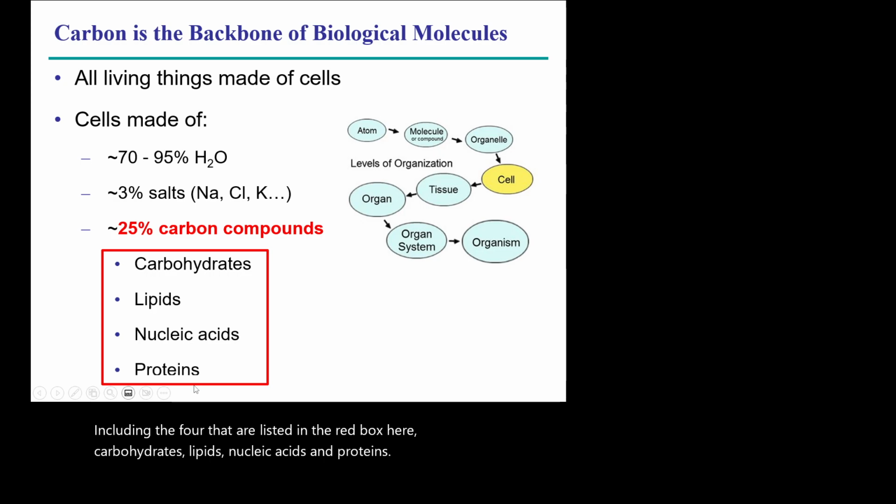When forming these bonds with atoms of other elements, or even with different atoms of carbon as well, carbon can form many diverse molecules because of the way that it bonds with those other atoms.